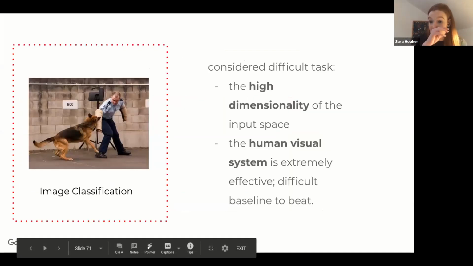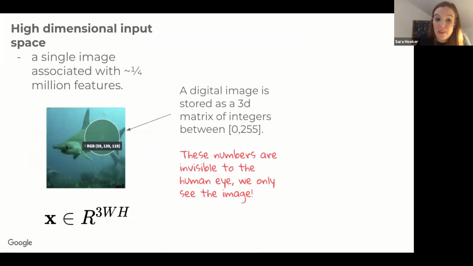And I mentioned that this is considered a difficult task. So the high dimensional input space is a large reason why computer vision was tackled subsequent to audio in a lot of the earlier research, because the computational power needed was prohibitive.